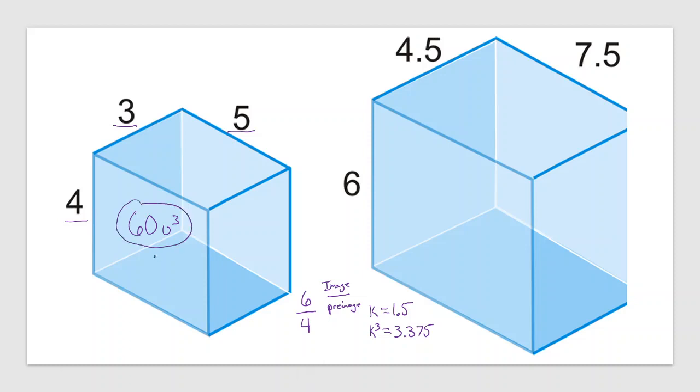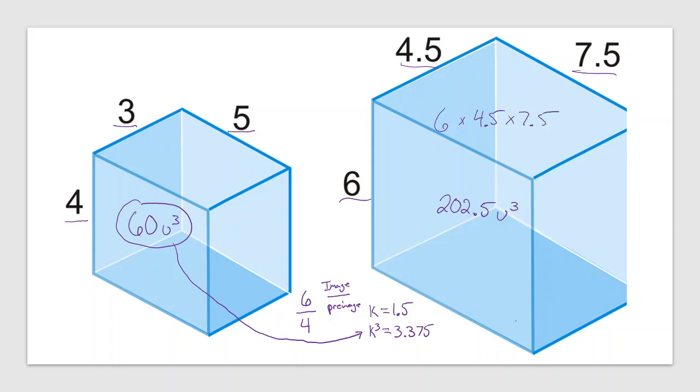Now if I want to calculate the volume of the other shape, I'll put it into the K cubed value, 3.375, and 60 times 3.375 gives me 202.5 units cubed. Now if I multiply these three values, I should get the same thing. 6 times 4.5 times 7.5 should equal the same value.